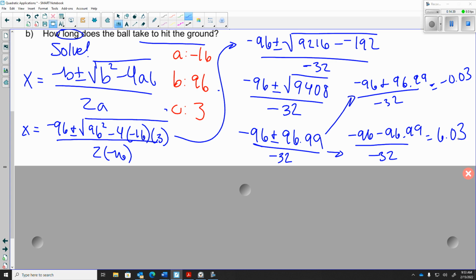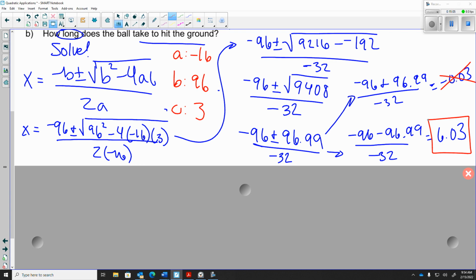Yeah, it doesn't take negative 0.03 seconds. That doesn't make any sense. So it is this one. It takes 6.03 seconds. One of them will be obvious. Does that make a little bit of sense?